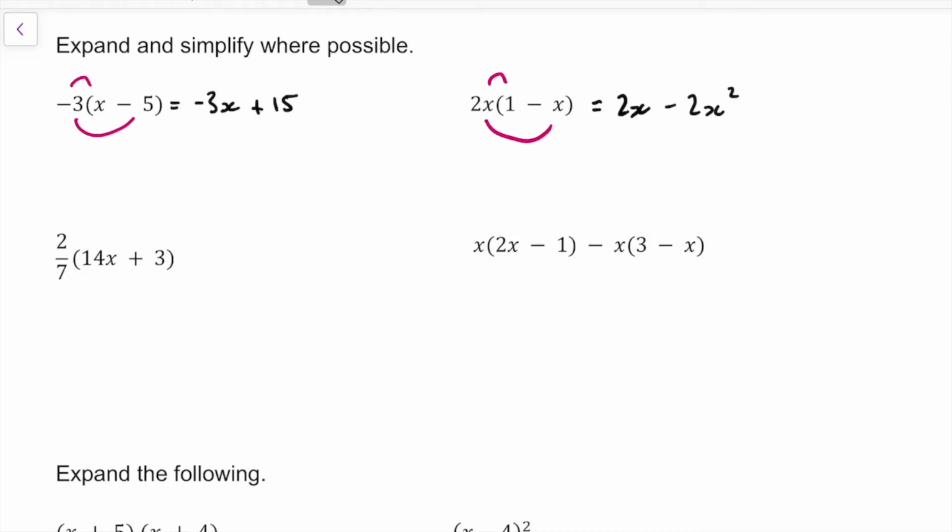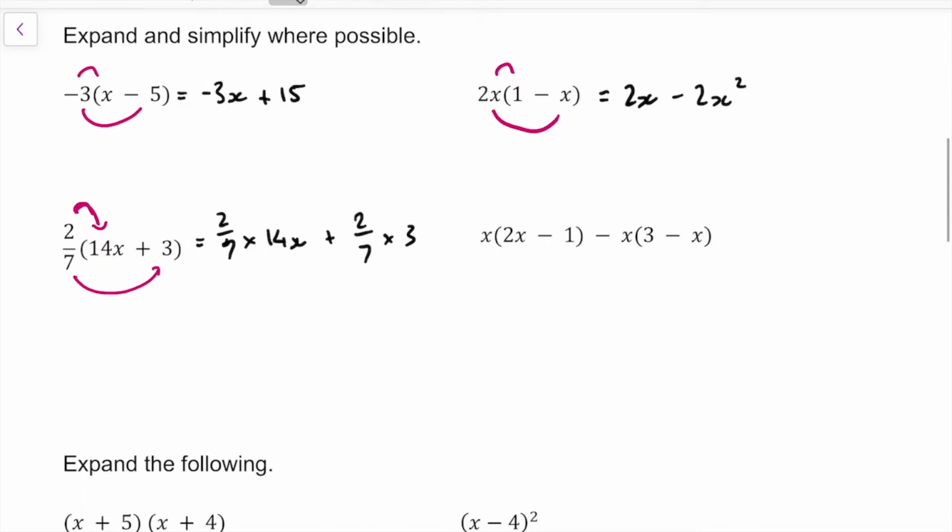Our next one is 2 over 7. So we multiply it just the same way. So it's the same basic process. So we have 2 over 7 times 14x plus 2 over 7 times 3.